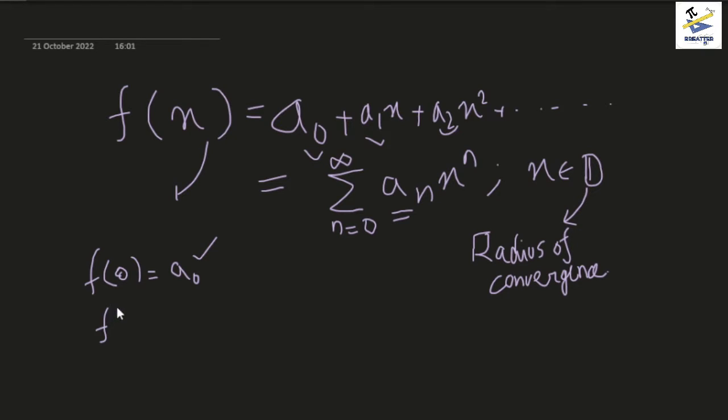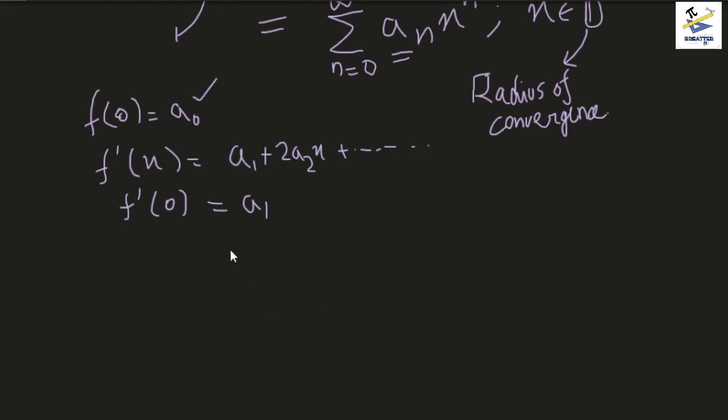If you differentiate it one time, what you get is a1 plus 2a2x and so on, right? Considering the function is differentiable, if you now put in the value 0, what we get is a1. So a1 is f dash 0.